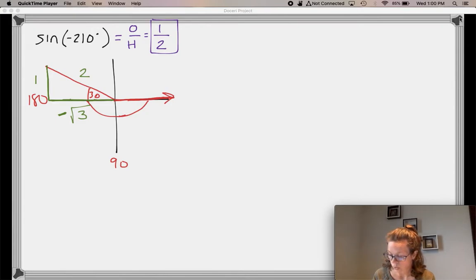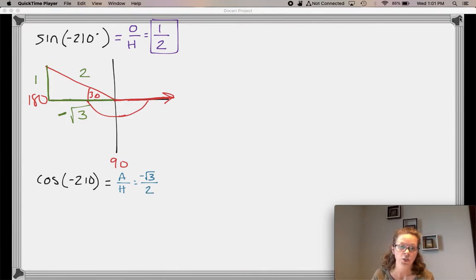Okay. We could also do, because we already have this triangle drawn, a cosine of negative 210. Well, cosine for SOHCAHTOA, so that's adjacent over hypotenuse. Adjacent to that 30 degree, we always look at that origin angle, 30 degrees, adjacent is negative square root of 3.